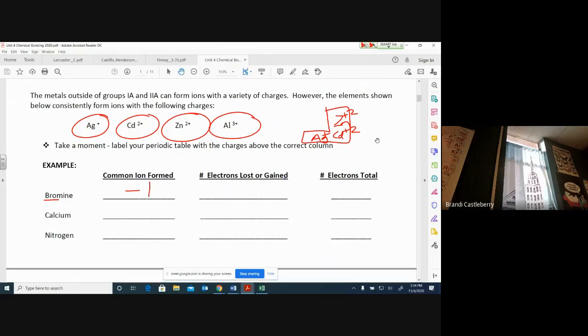Now calcium, where's calcium? Ca. In the second column, so it's a +2. So anytime I ask you what ions they form, you literally just find it on your labeled periodic table, whatever number it's under, that's what ion it makes. Find nitrogen, which is N. -3.